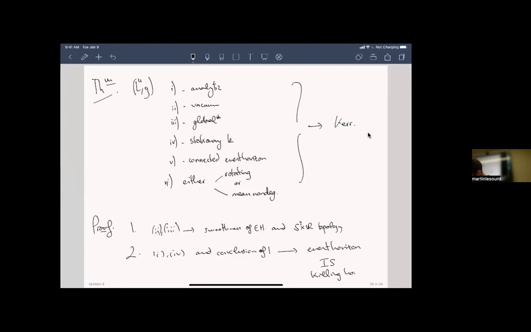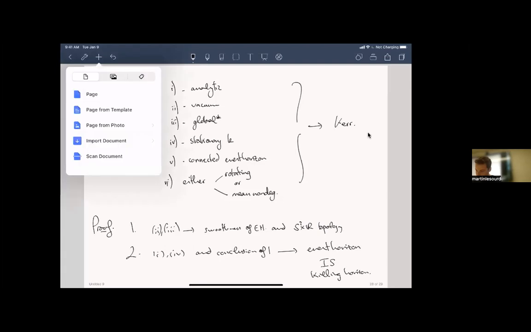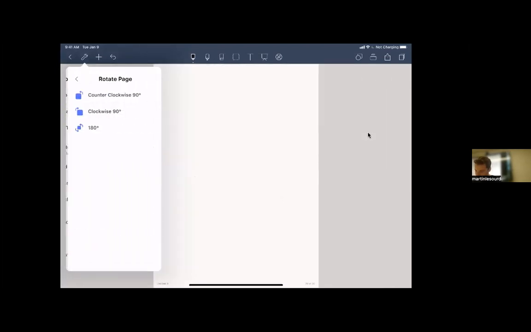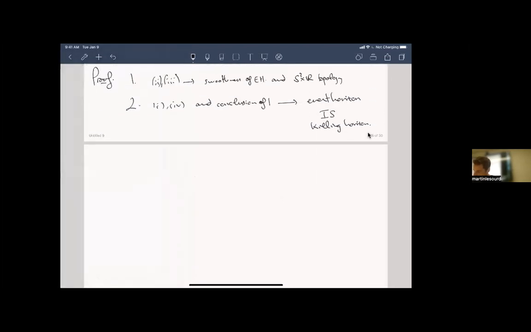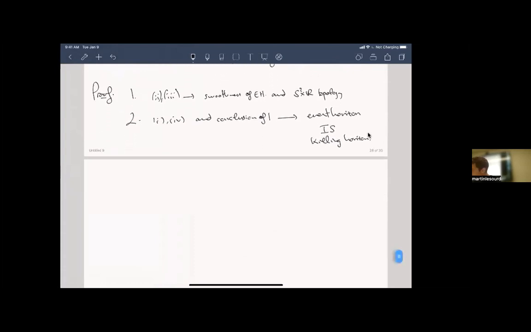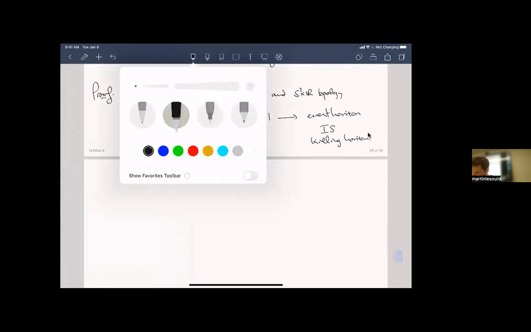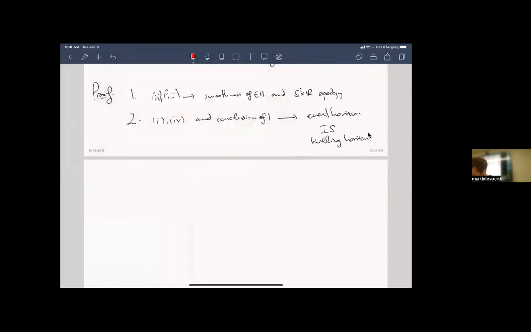Last time I defined what a Killing horizon was, and now you see it come in at this point. This is typically called Hawking's theorem.